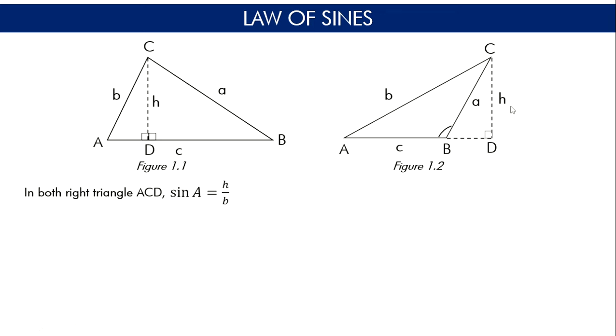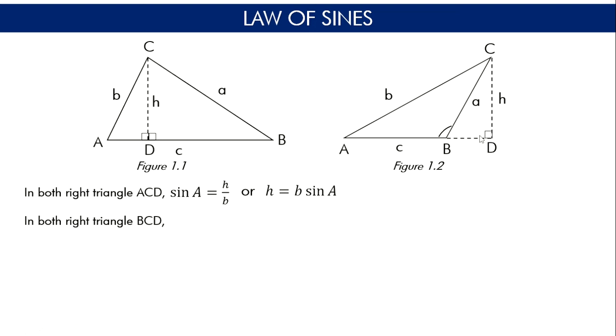Same with figure 2: our opposite is h and our hypotenuse is b. We can cross multiply and obtain the value of h, which is b sine A.